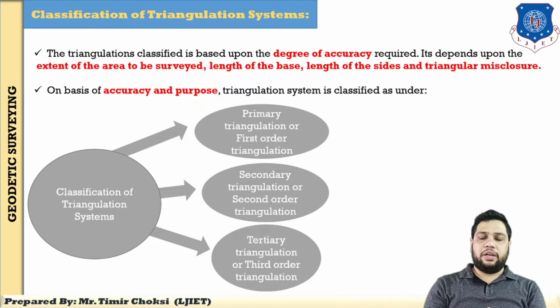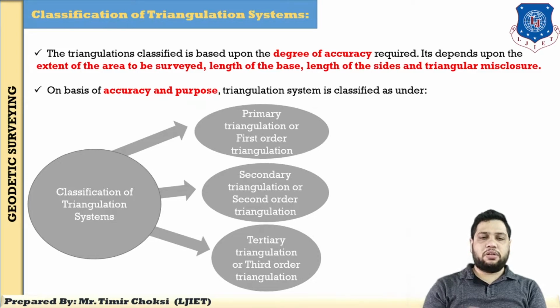So the system is classified based upon the degree of accuracy required, and it depends upon these 4 factors. On the basis of accuracy and purpose, the triangulation system is classified as under.